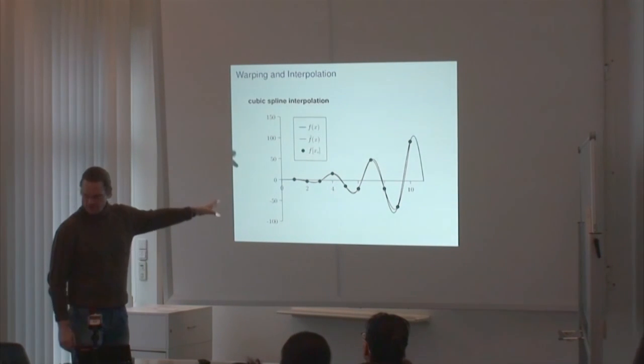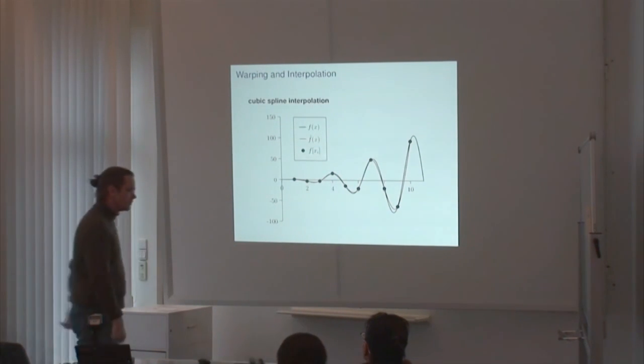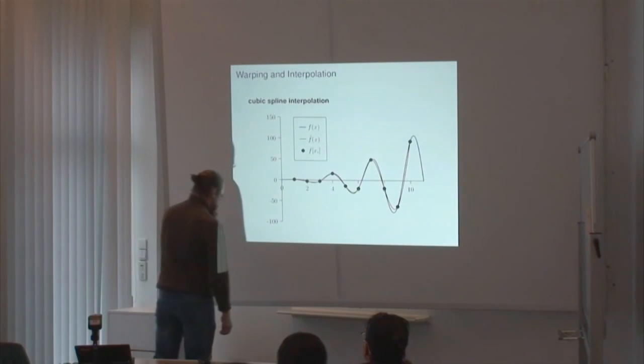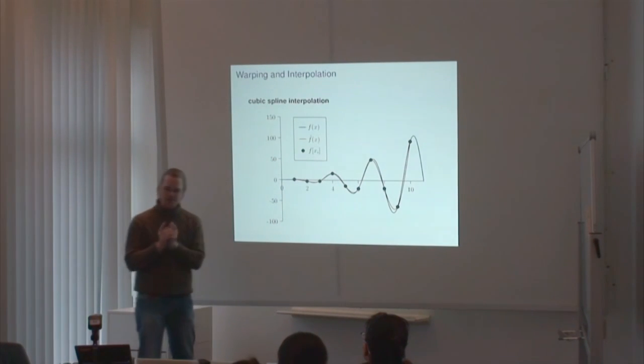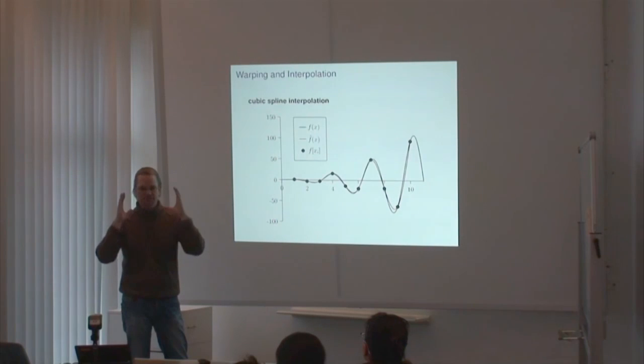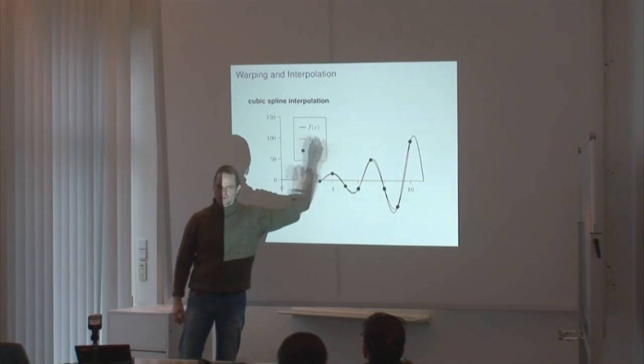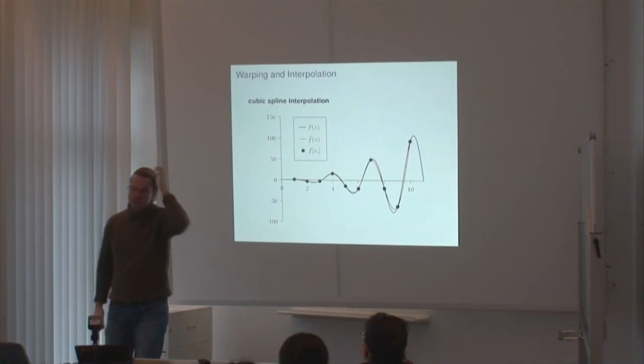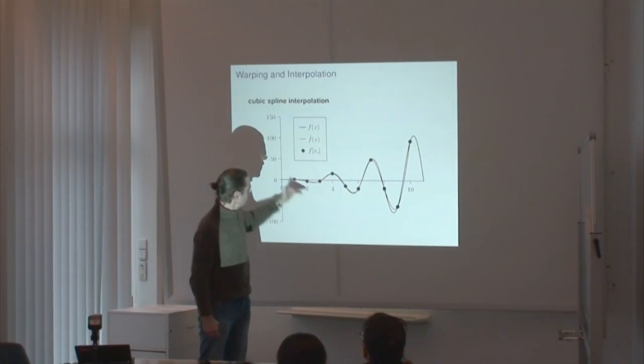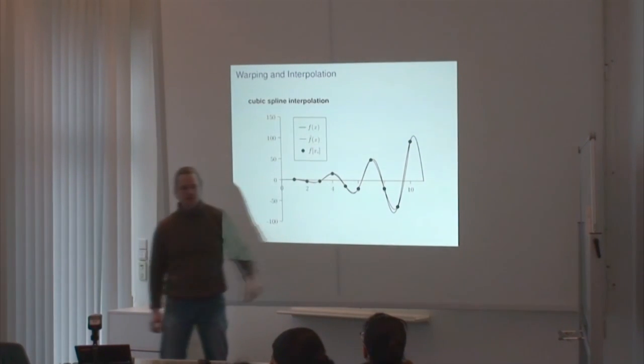So this is not perfect, right? But again, remember that for the situation we are actually dealing with, we don't even know the blue function. In the situation of image warping, all that we are given are these black dots. We have the pixel coordinates and we have intensity values at those coordinates.